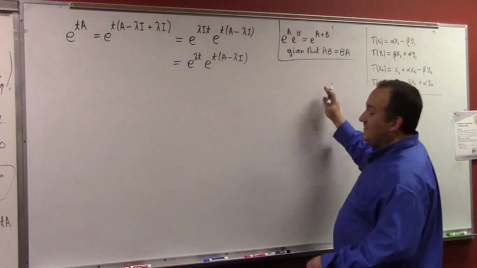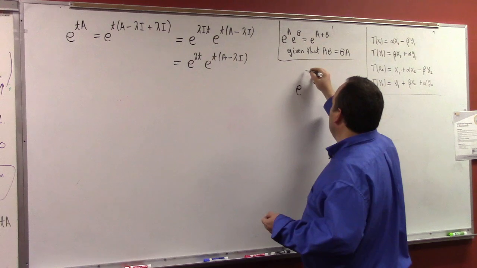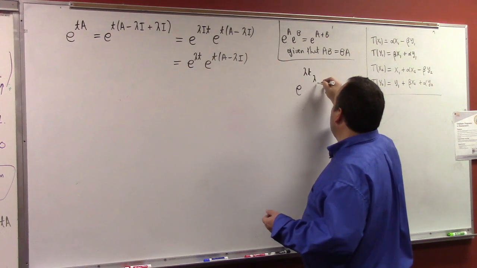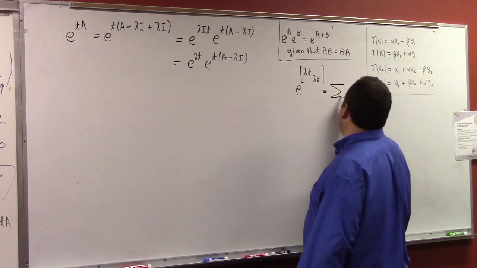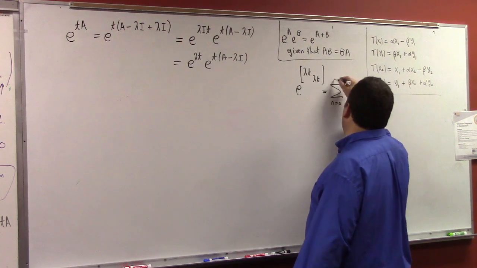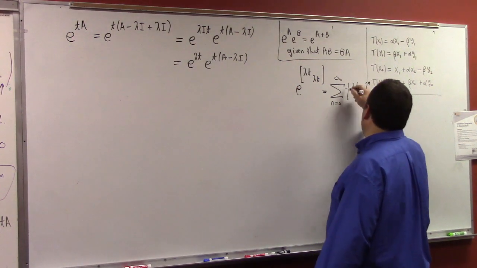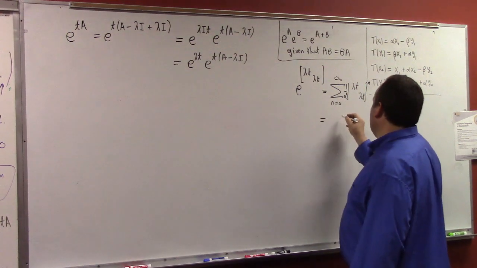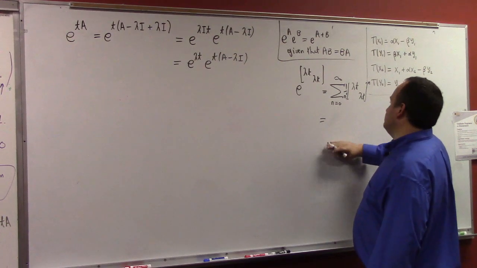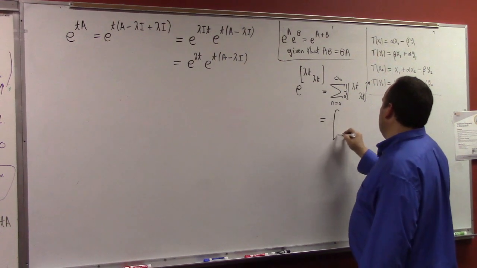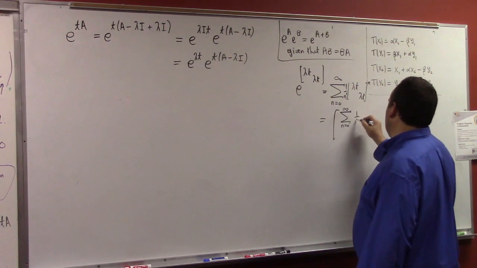That, I can demystify. Let me just talk about that for the 2 by 2 case, just so it's a little bit less mysterious. If I have this λt 2 by 2 diagonal matrix, well, that's the sum, n equals 0 to infinity, of this matrix. But that's exactly this.